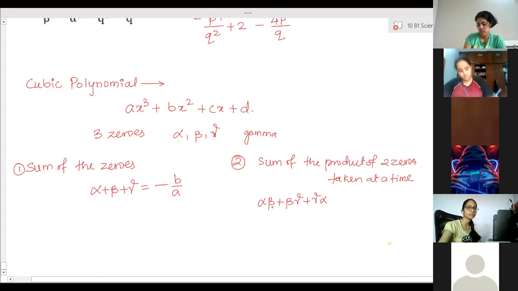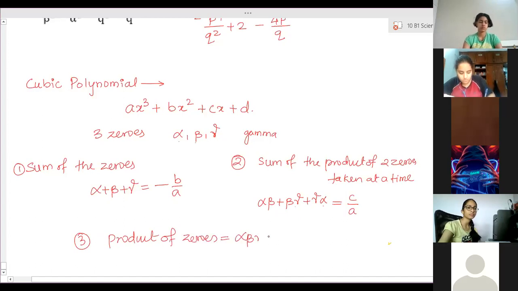We take 2 zeros at a time, multiply them, get 3 products and sum them. This is equal to c by a. The third is the product of zeros, alpha beta gamma, which is equal to minus d by a.